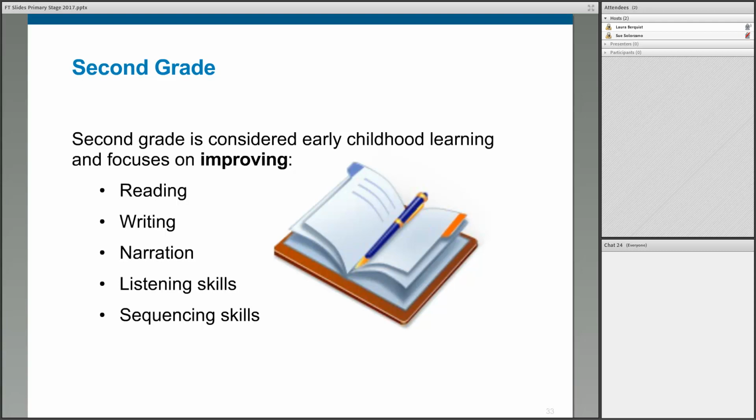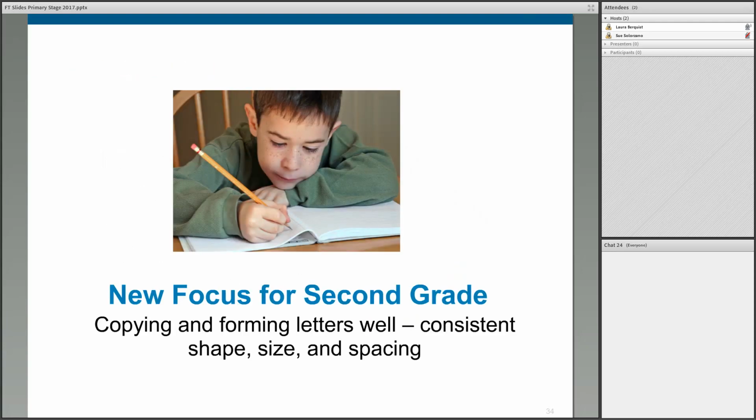Now, the primary new focus for second grade is copying, which is forming letters in a straight line with good, consistent shapes and sizes and spacing. This is a discipline for the imagination and the muscles. It strengthens observation, encourages discrimination, and helps hand-eye coordination.